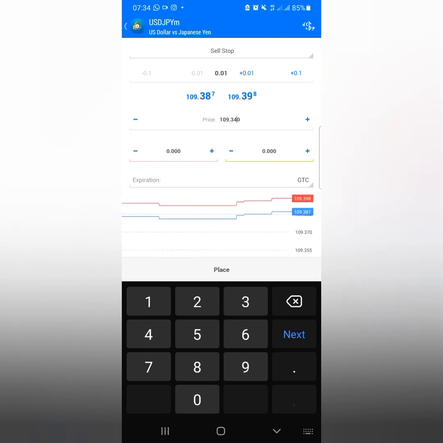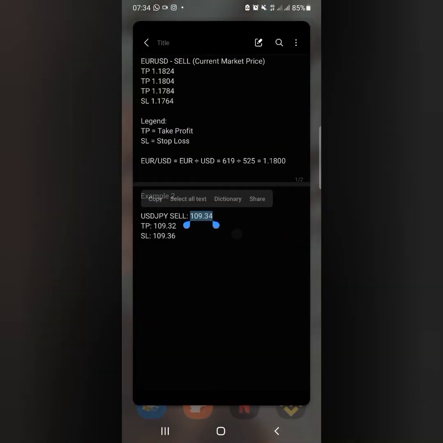So whenever the current price is higher than the price at which the signal provider wants you to sell that particular commodity, such as USD JPY, you take a sell stop order. But if the price is lower, you take a sell limit order. Right now we're taking a sell stop order because the price is higher than the price in the signal. So what you need to do is insert the take profit and stop loss.